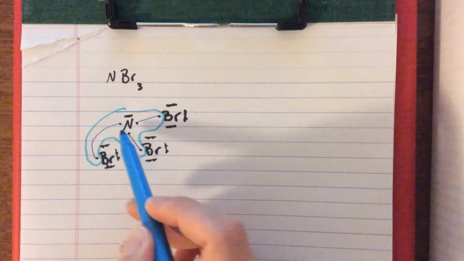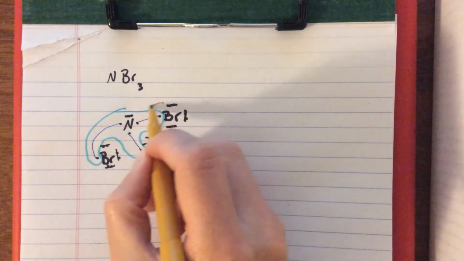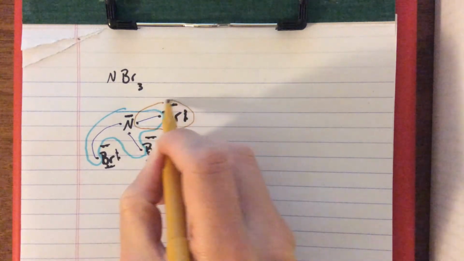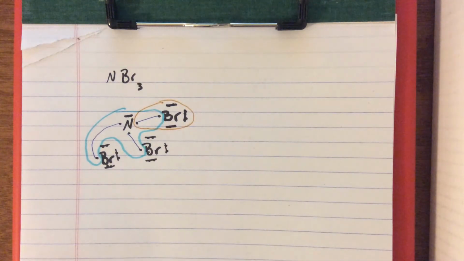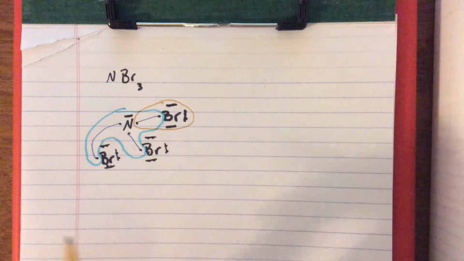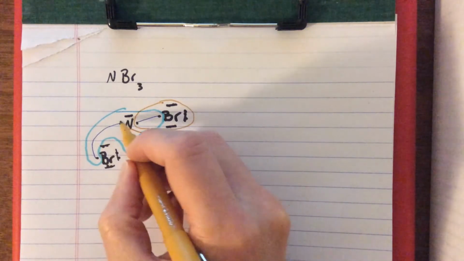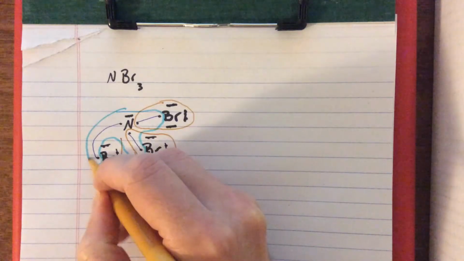We've got 1, 2, 3, 4, 5, 6, 7, 8. And then for the bromines, they are also counting those valence electrons that they're sharing with the nitrogen. So that bromine started with 1, 2, 3, 4, 5, 6, 7, and then it picked up the one that is sharing with the nitrogens. So that one's good, as are each of the other bromine atoms.